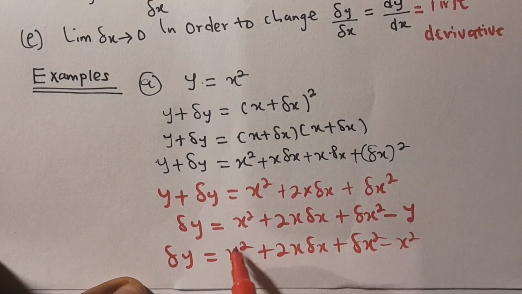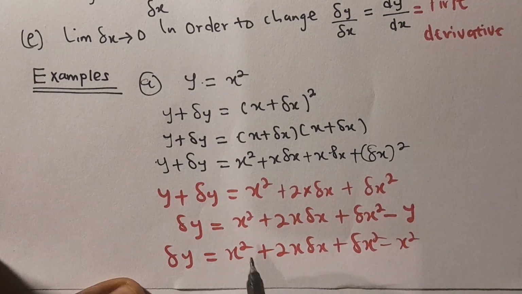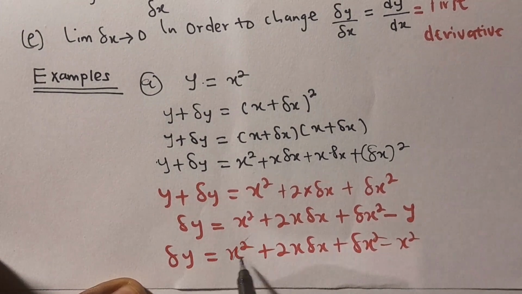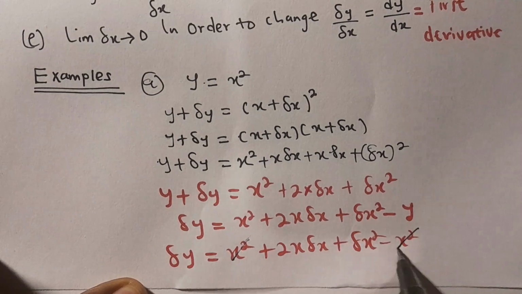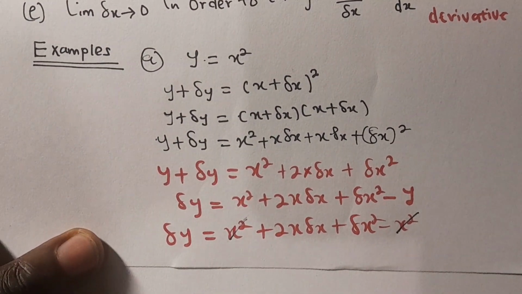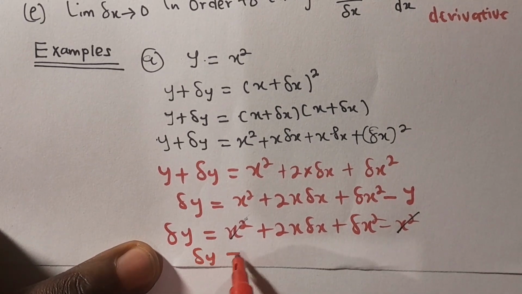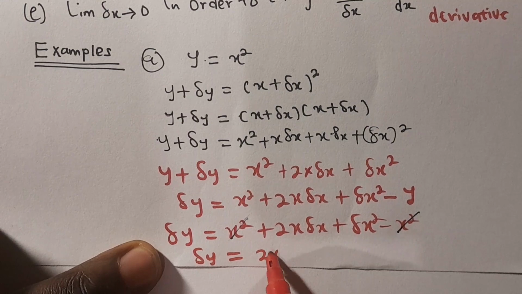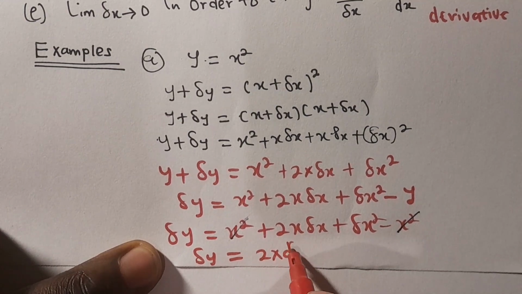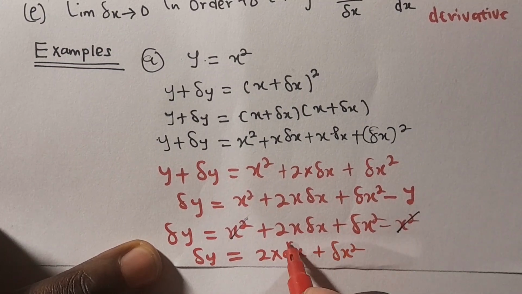We cancel this with this. So what we are going to have is change in y equals 2x change in x plus change in x squared.